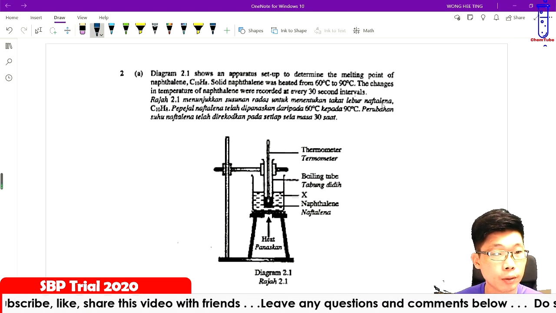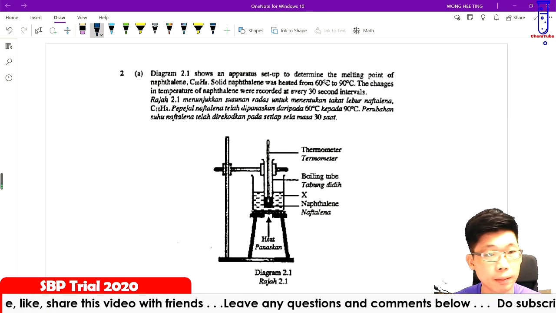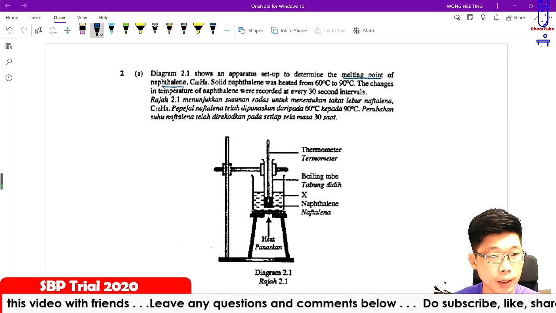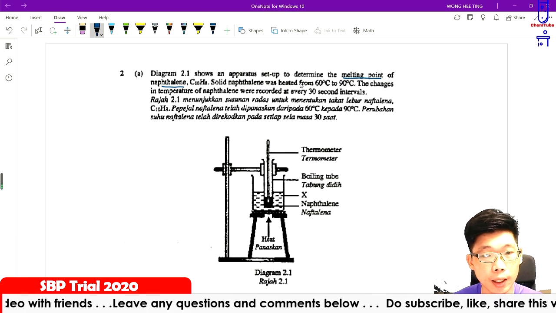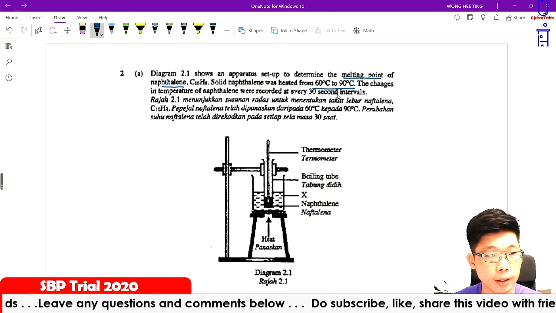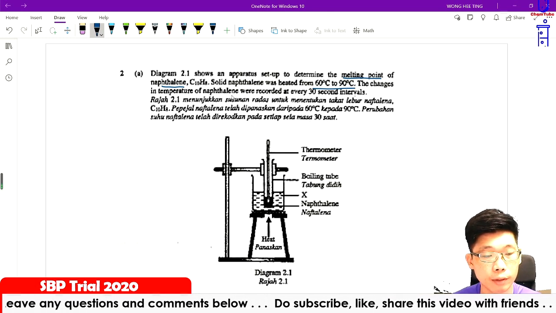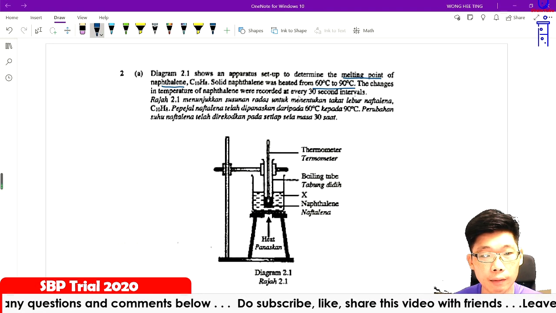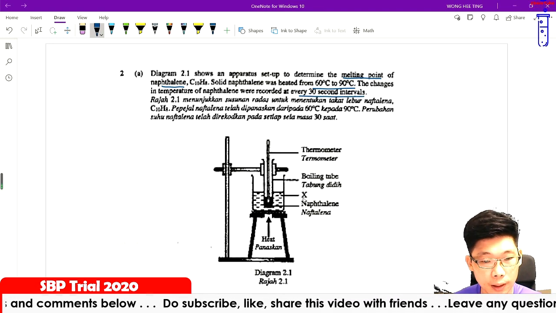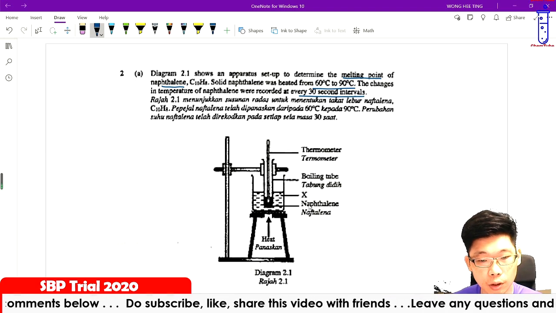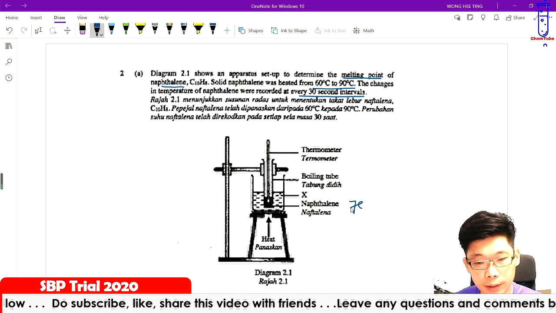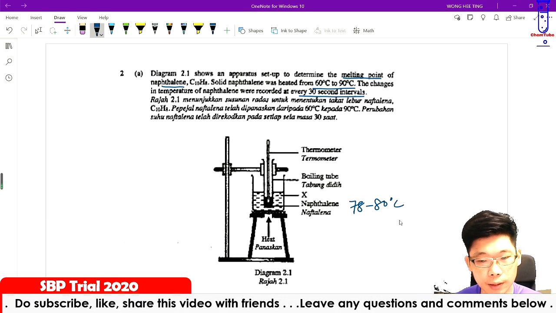Question number 2. Diagram shows the apparatus to determine the melting point of naphthalene, C10H8. It was heated from 60 to 90 degrees Celsius. The changes of the temperature of the naphthalene were recorded every 30 seconds interval. So we can see this is the X. Normally the melting point of naphthalene is around 78 to 80 degrees Celsius.